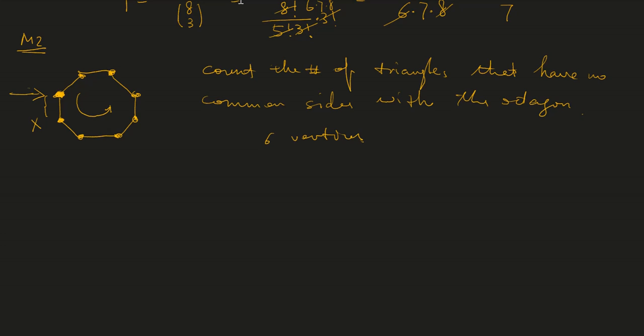Before that, I want to point out that some students may ask, why don't you kick this point out, the very next point to the chosen vertex in the clockwise direction? The reason is the way we build our model. We will explain that shortly. Okay, let's say that's a chosen vertex.